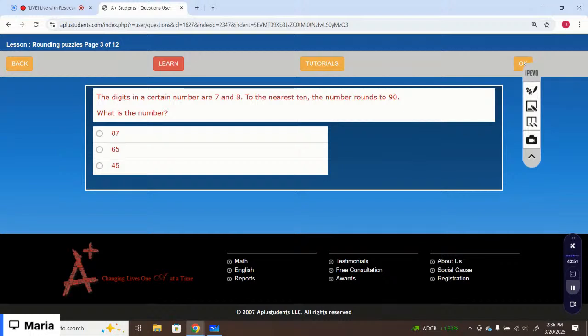Eighty-seven it is, because 87 is rounded to 90. So option number 1 is the correct option.